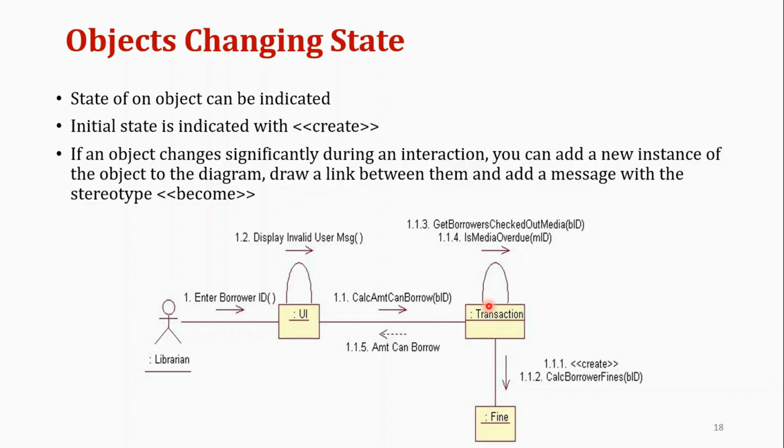You can add an instance of an object in the object diagram, draw the link between them, and add a message with the stereotype become. In the angle brackets, you specify create the new object. Here the transaction object is creating the fine object by the create message.